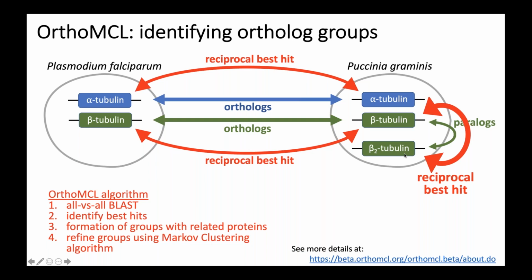So they're highly related, much more related. You would get a better BLAST score between these two proteins than even between beta tubulin in Puccinia and beta tubulin in Plasmodium. And that indicates that it is a paralog. It's a reciprocal best hit within a particular species.